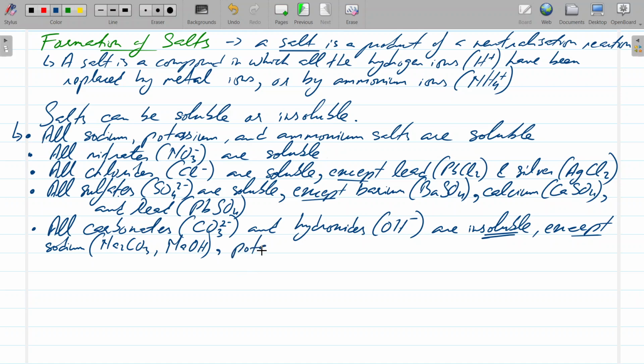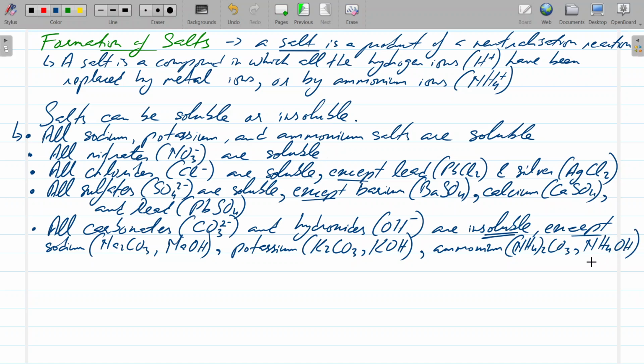Potassium, right, which would give you K2CO3 and KOH. And ammonium, which would give you (NH4)2CO3 and NH4OH for the hydroxide.